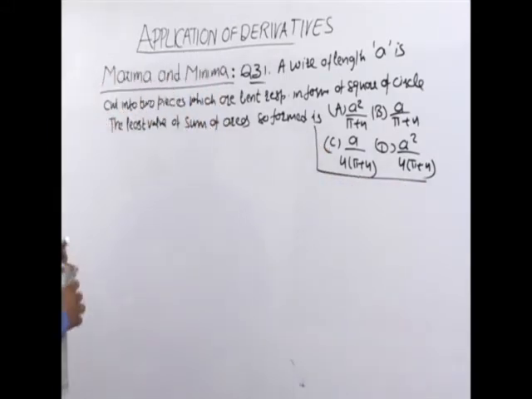A wire of length A is cut into two pieces which are bent respectively in form of square and circle.